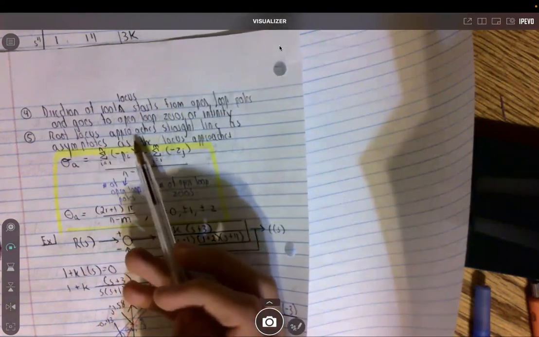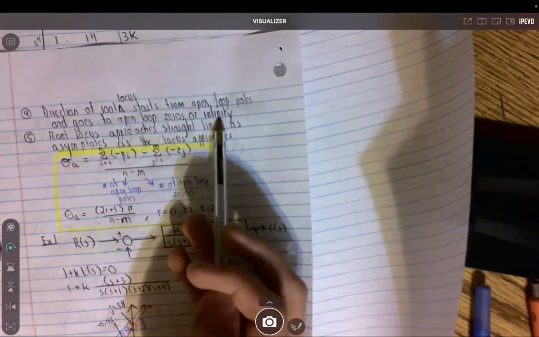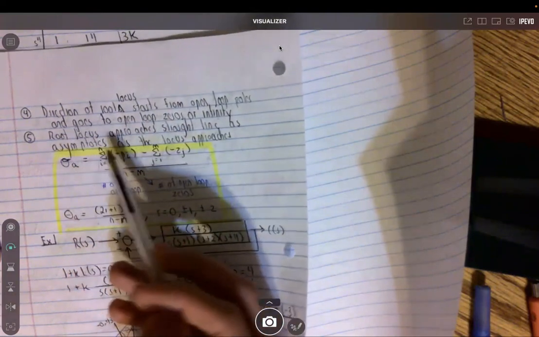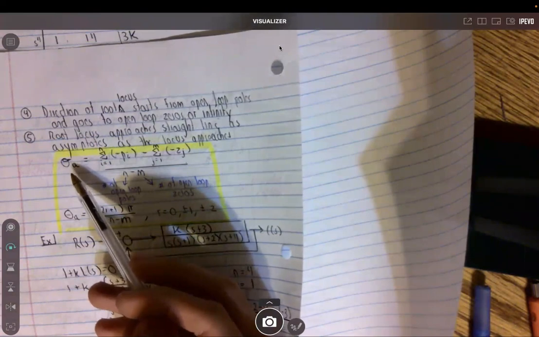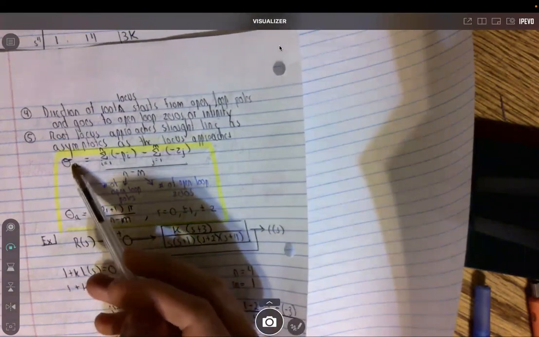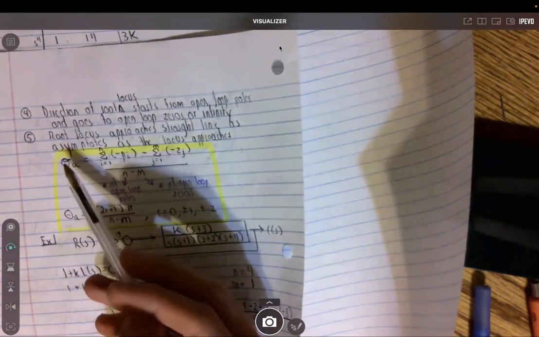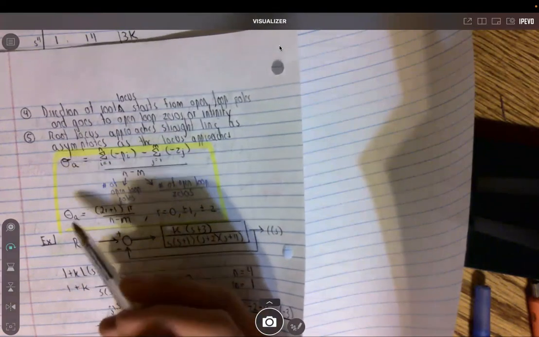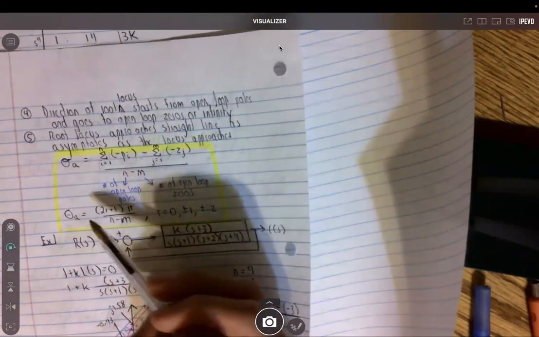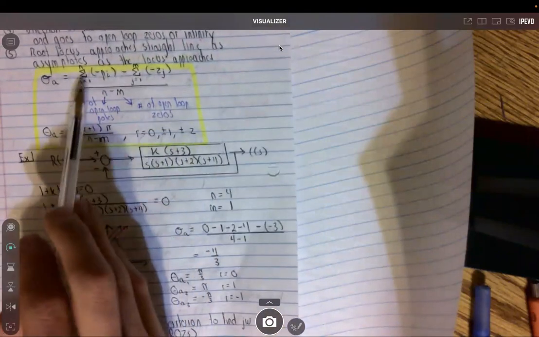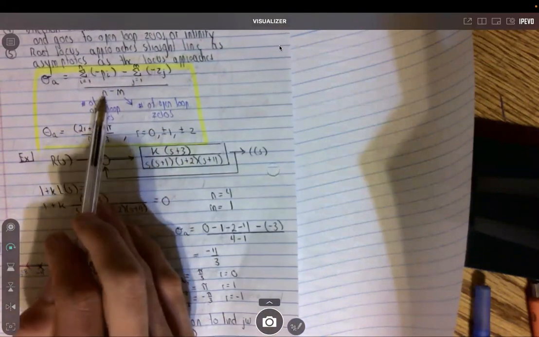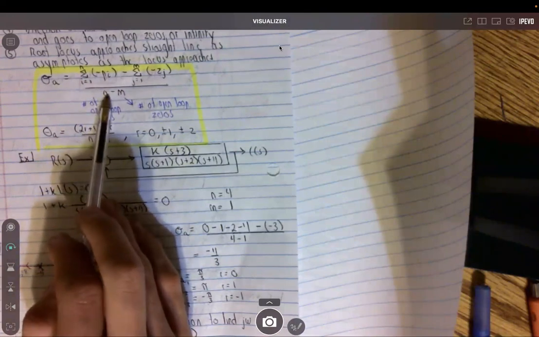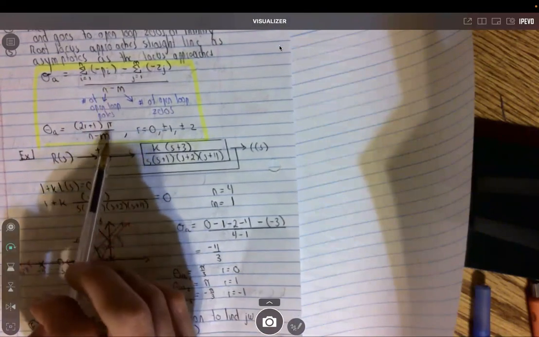Then, to determine if it goes towards infinity, rule number 5 applies, where it's determined by the asymptote. Where your asymptote occurs is given by sigma A, and you can also find the angle of the asymptote. It's the summation of your poles minus the summation of your zeros, all over the number of open loop poles minus the number of open loop zeros.